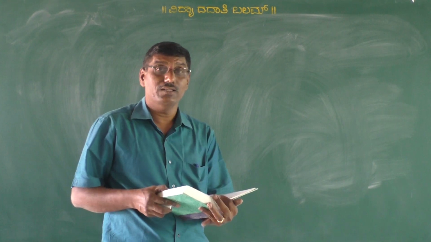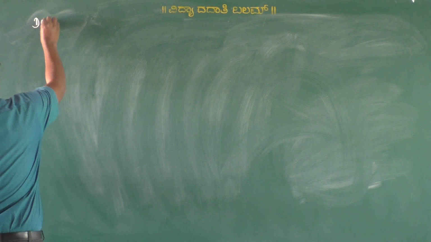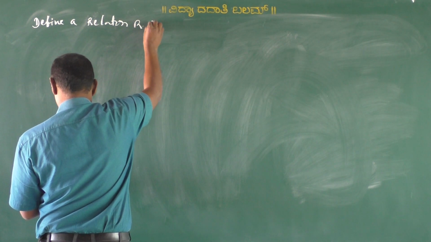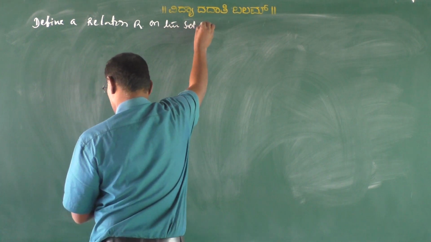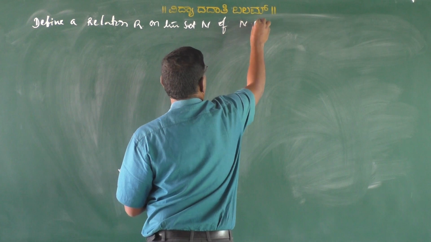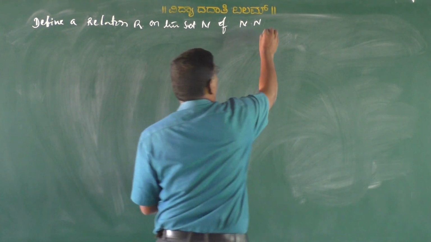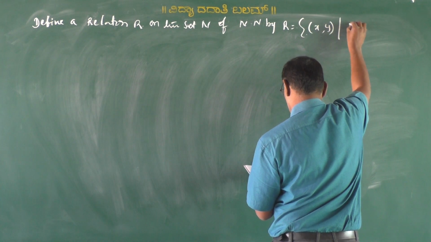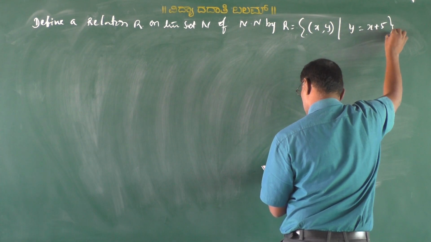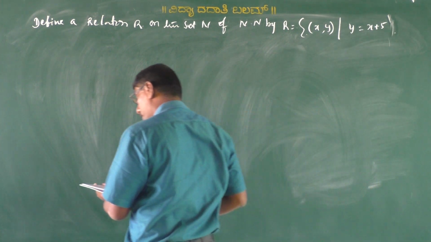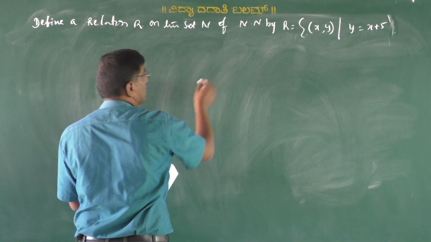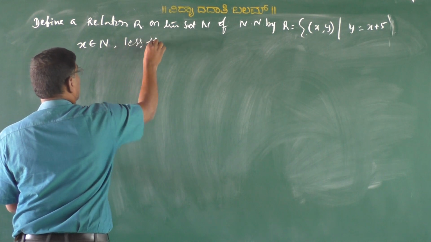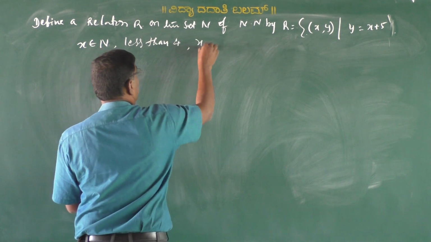Define a relation R on the set N of natural numbers by R = {(x, y) : y = x + 5, x is a natural number less than 4, x, y belong to N}.